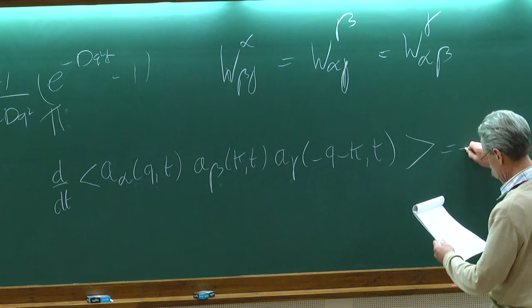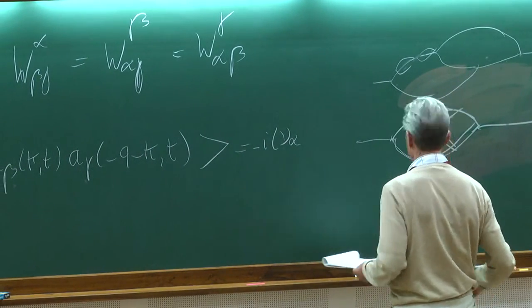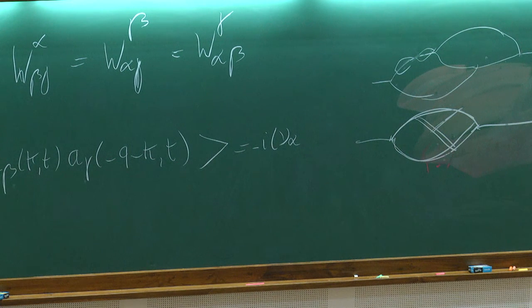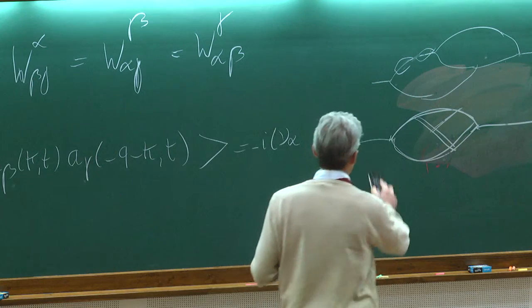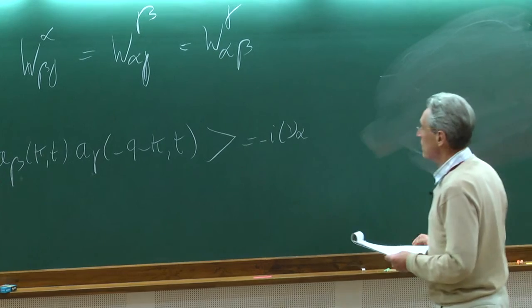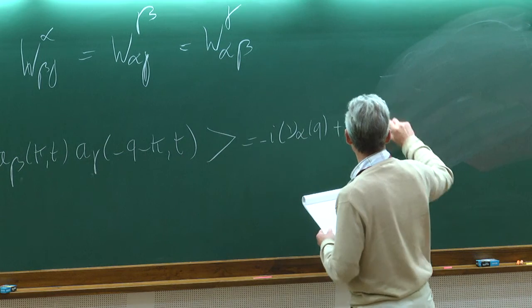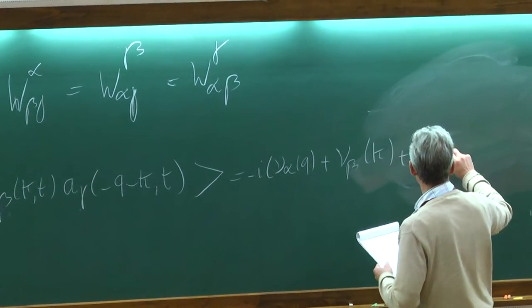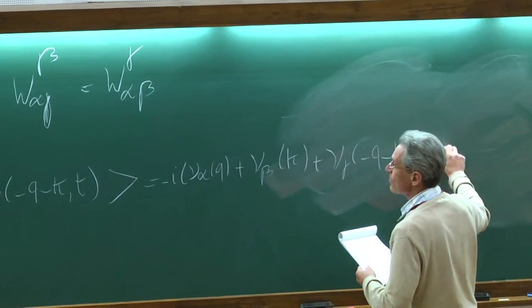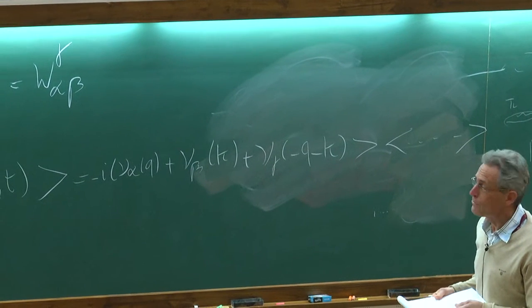So you get this minus i times nu alpha of q plus nu beta of k plus nu gamma of minus q minus k, times this product of these three density fluctuations, expectation value.